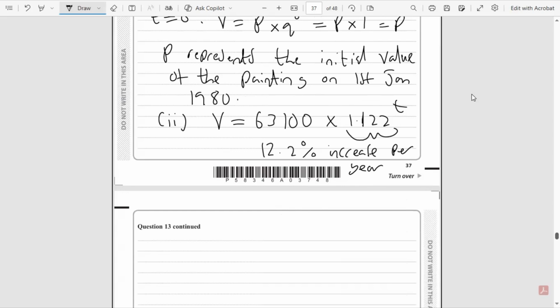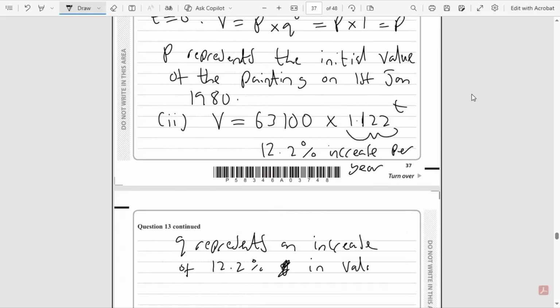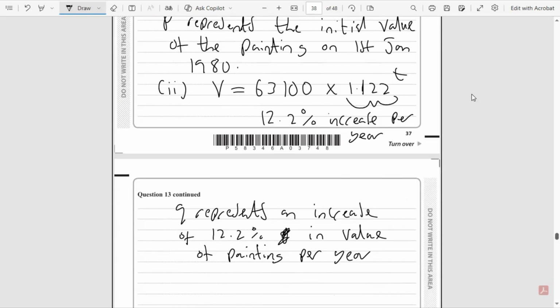So for the mark, what you could just say is that Q represents an increase of 12.2% in value of the painting. And it's very important to state the units, per year. Again, the units here are years. So that's one answer you could say.